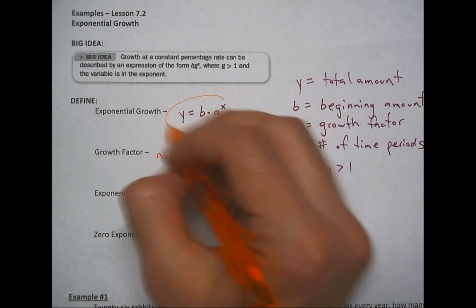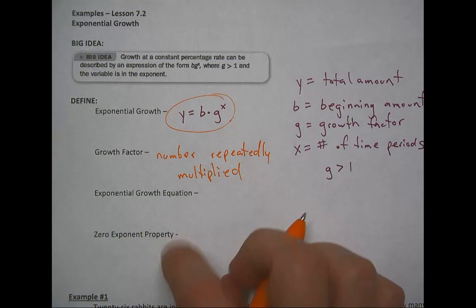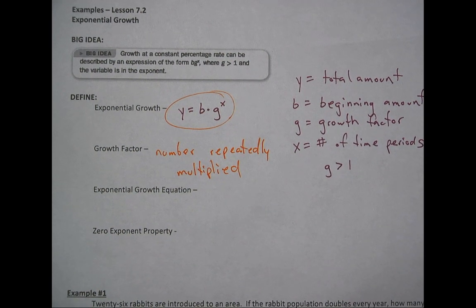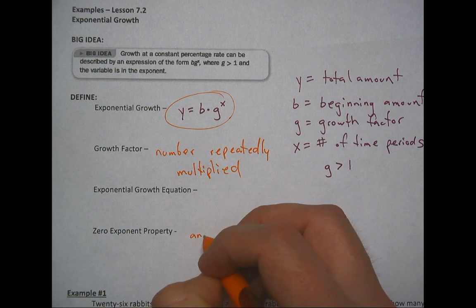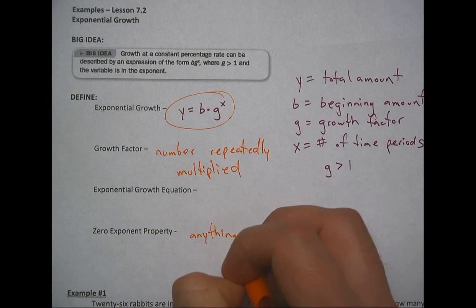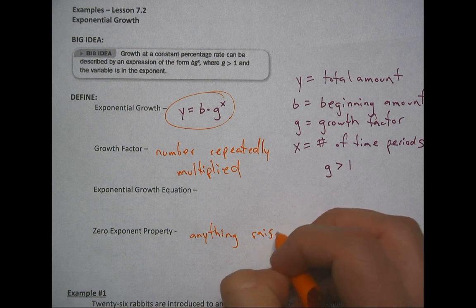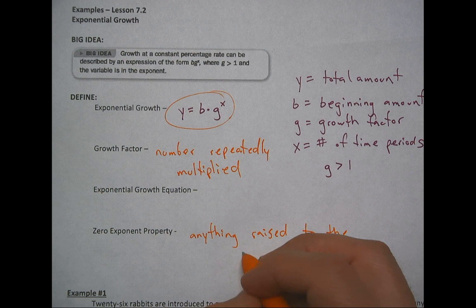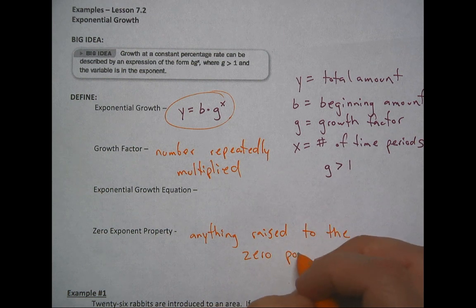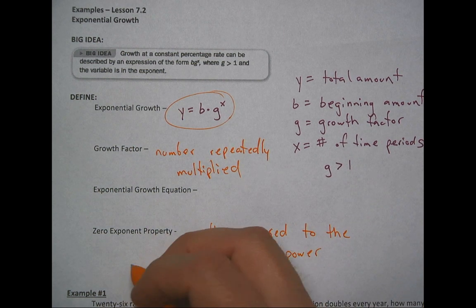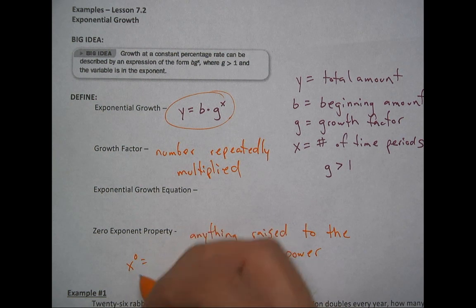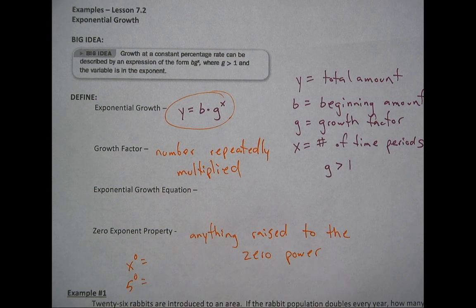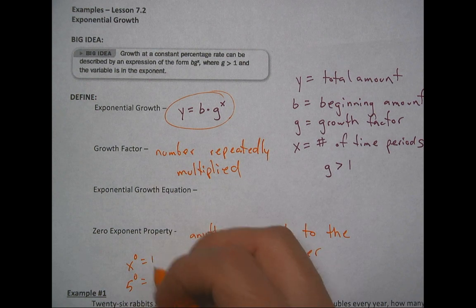The equation, we've already got it. It's right here. And it's also very important to understand the zero exponent property. Anything raised to the 0 power, so for instance, x raised to the 0, or even if it's a number, 5 raised to the 0, we talked about this in middle school, is 1.